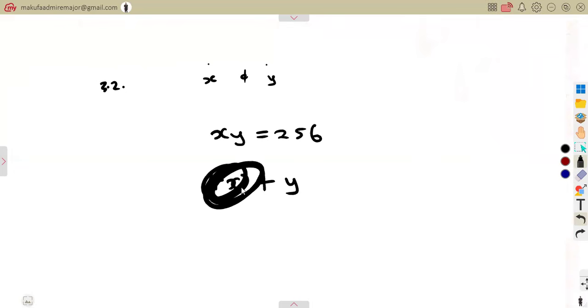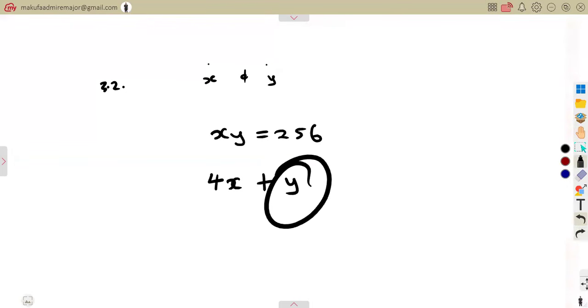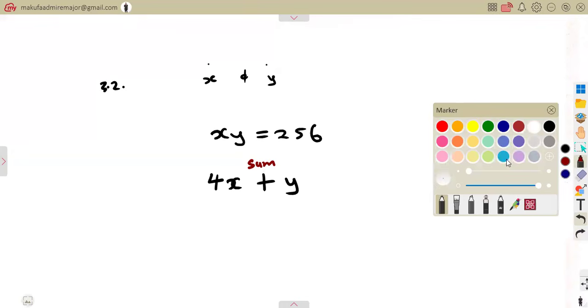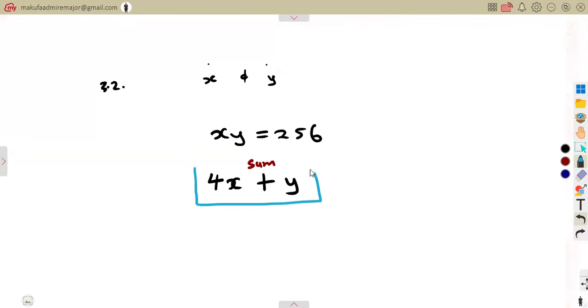The first number is the one that is multiplied by 4, then you add the second number. So this is the sum, and this one is the product. But they are saying it must minimize this sum.